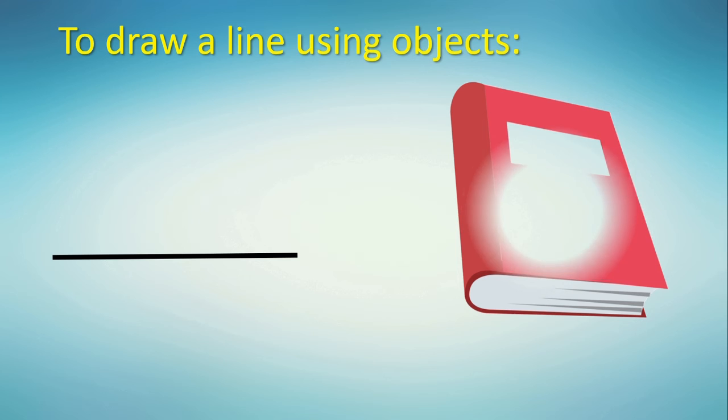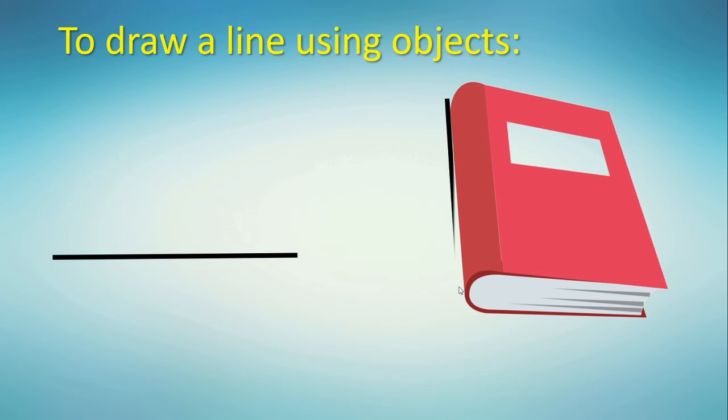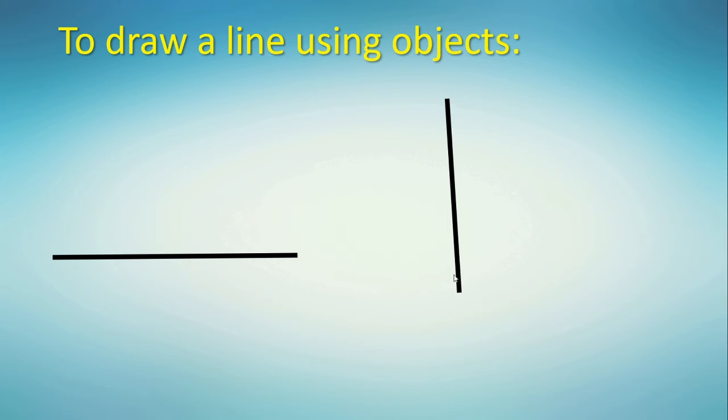Yes, dear children, here one more we will see. This is a book, you know. Now, if we draw a line here along its edge, then we will get a standing line, isn't it? When we take out this book, we get a standing line. Am I right? Like this, you can draw lines using objects.